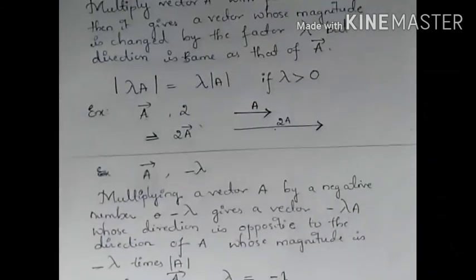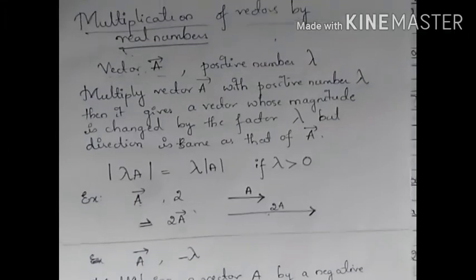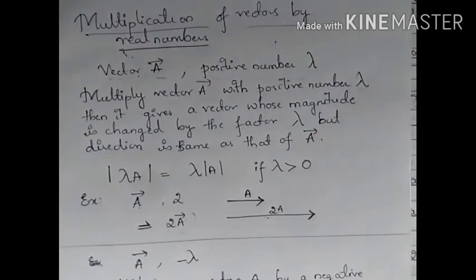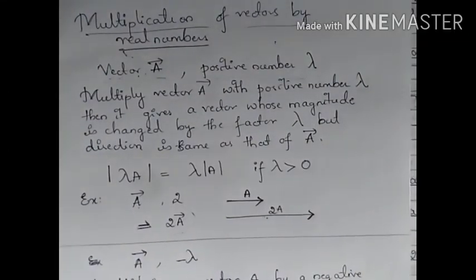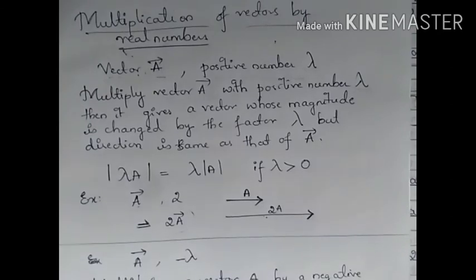Hope this concept of vectors and scalars is clear to you. We saw the equality of vectors, then we moved to the multiplication of vectors by real numbers.